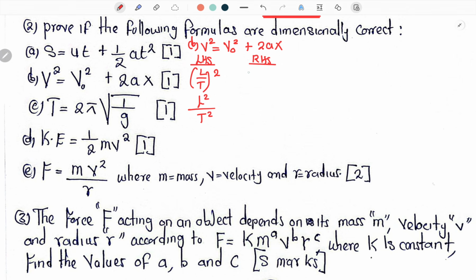Right-hand side, we are going to have L over t to the power 2, plus, then the 2, of course, is out, and then we are going to have our acceleration, which is going to be L over t to the power 2. Then we're going to be multiplying by our L. So basically, this is going to be L to the power 2 over t to the power 2 plus L to the power 2 over t to the power 2.